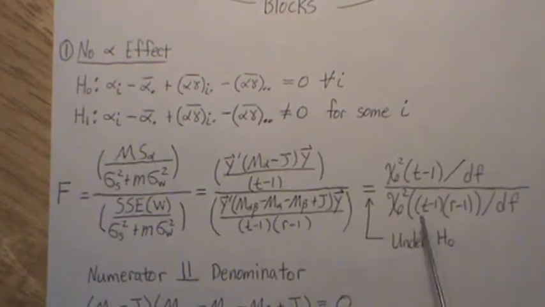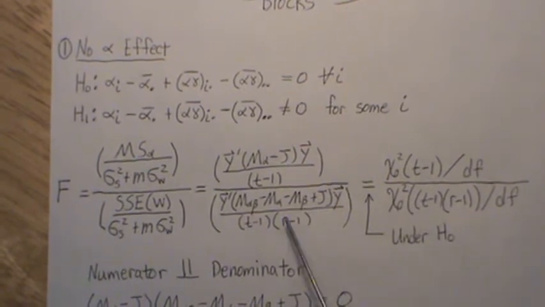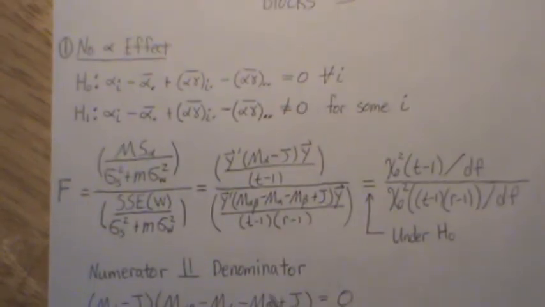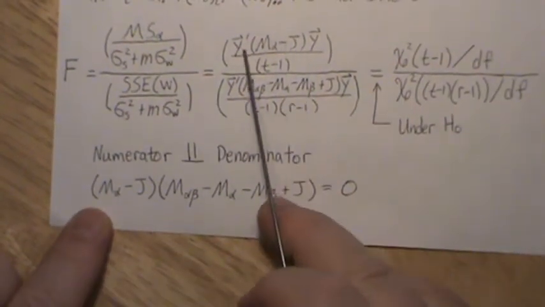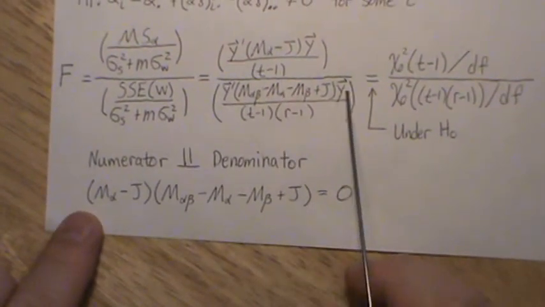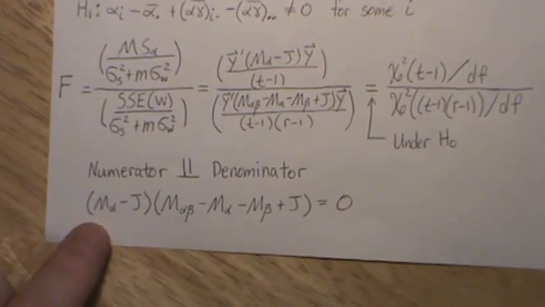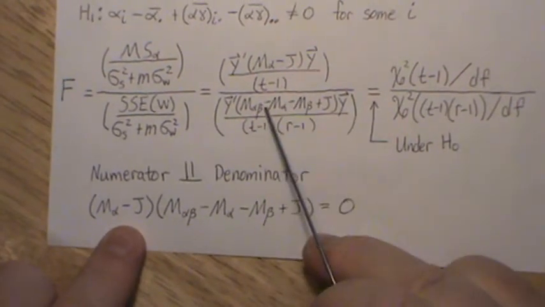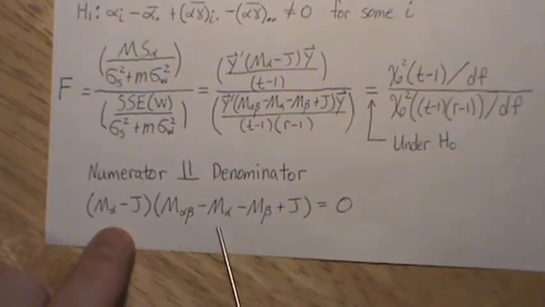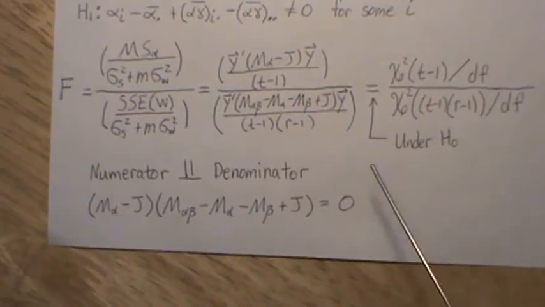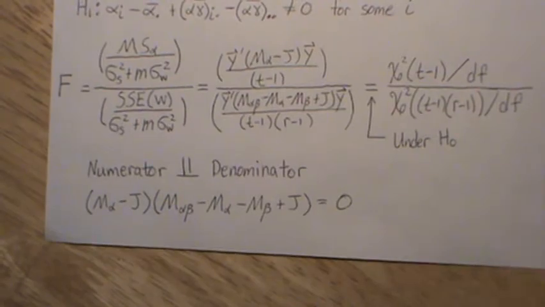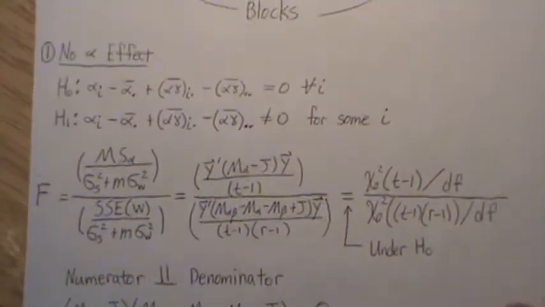So it's an F test, assuming the numerator and denominator are independent. And we showed that in order for quadratic forms to be independent, the product of these middle matrices has to be 0. And when you multiply this out, you do get 0, so these are independent. And this is the F test for no alpha effect.